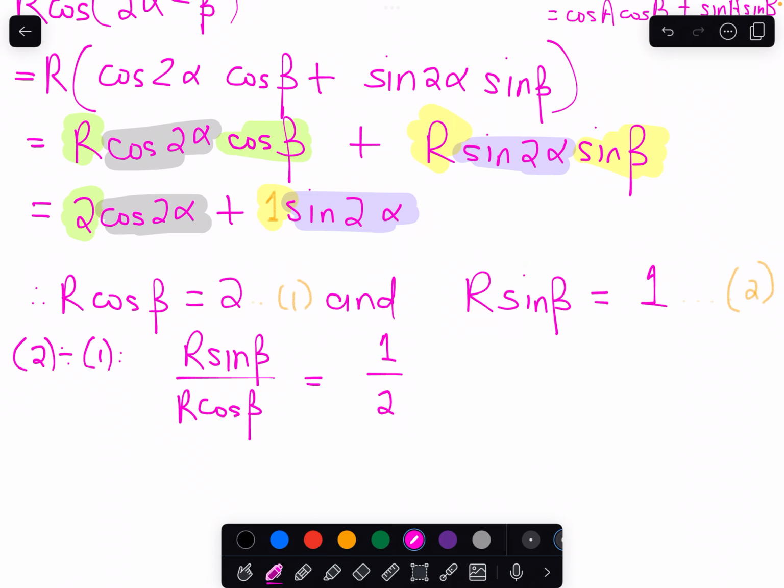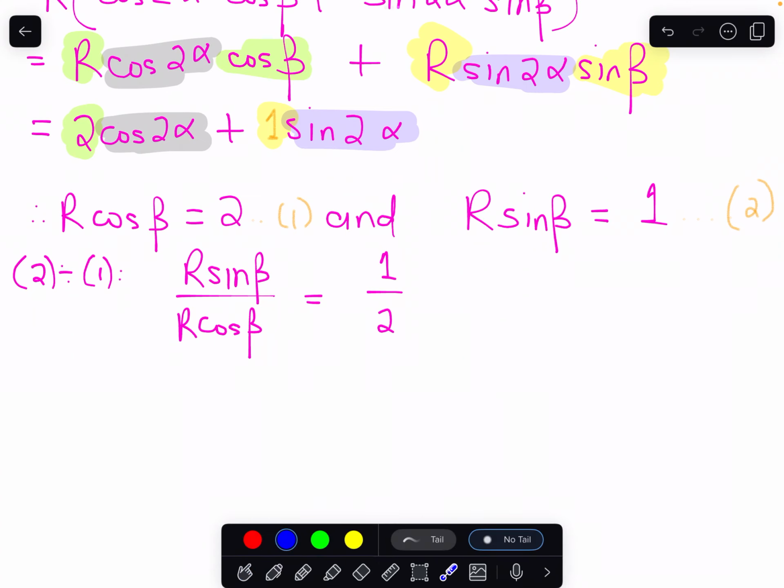Of course there are restrictions here: cos beta can't be equal to 0, so that's all the places where tan is undefined, 90, 270, and so on. But I'm going to be irresponsible and not write that. My r's cancel out, so tan beta is equal to a half.